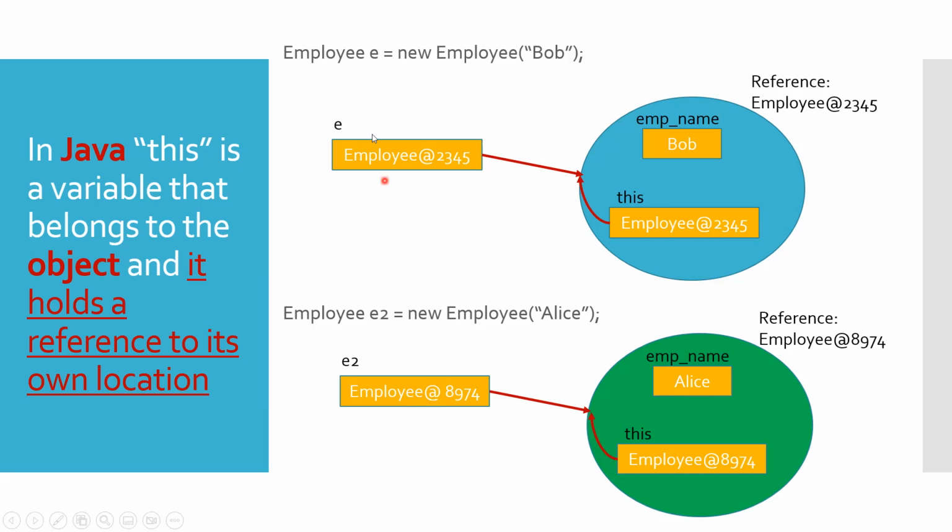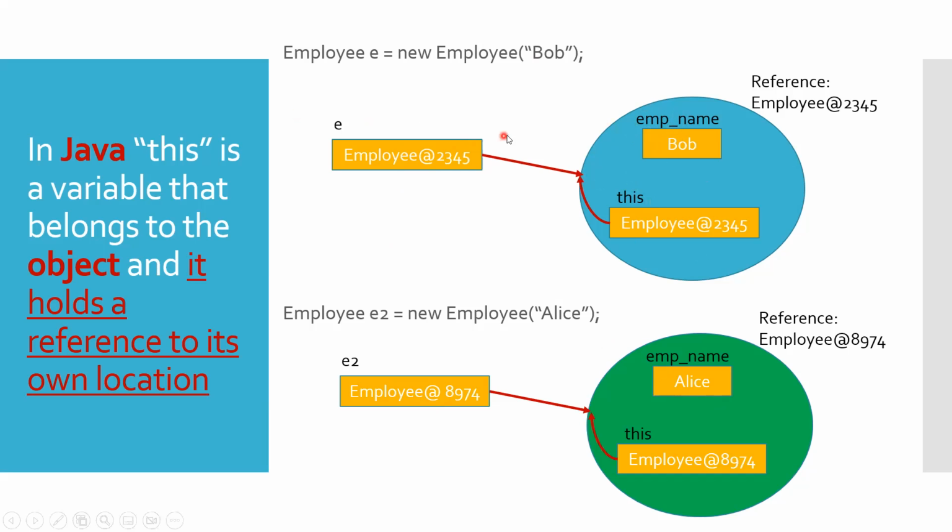So when we say e.empName, how does it know that we are referring to this variable called empName and not that variable called empName? It starts with the reference. When we say e dot, e has the reference to that object, so it goes and looks into that location for the variable name within this location.